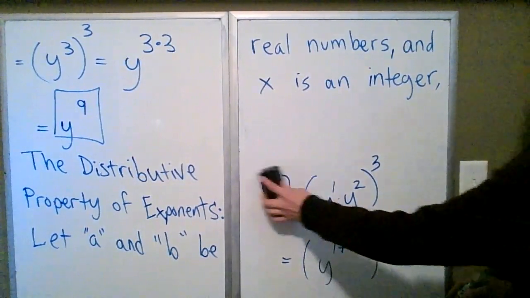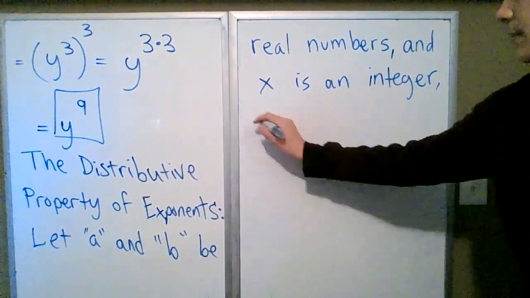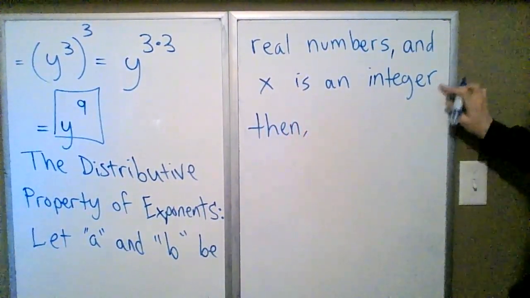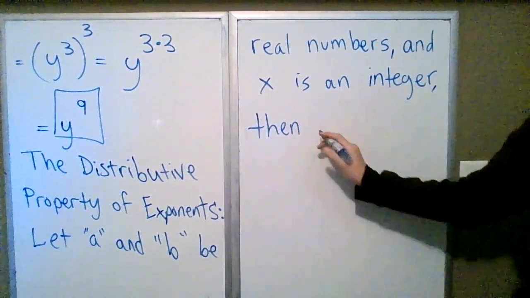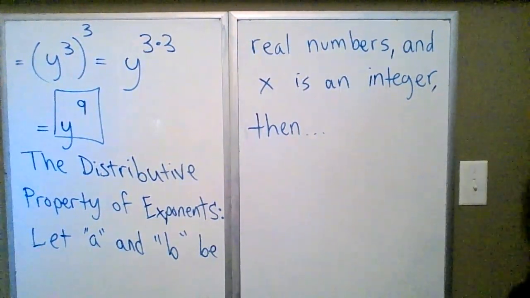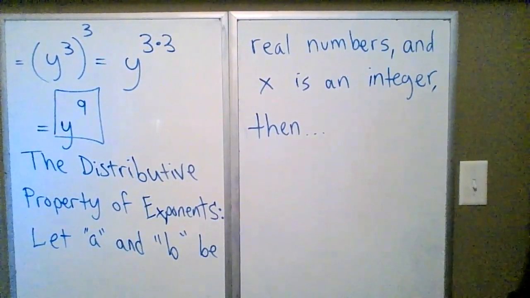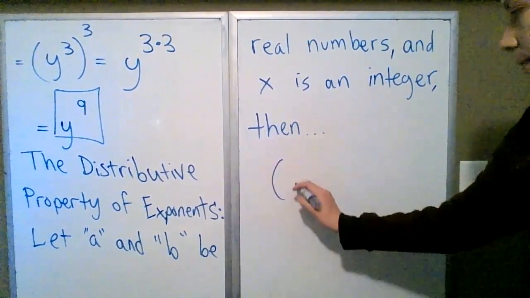Then a times b with the power of x is a to the x times b to the x.